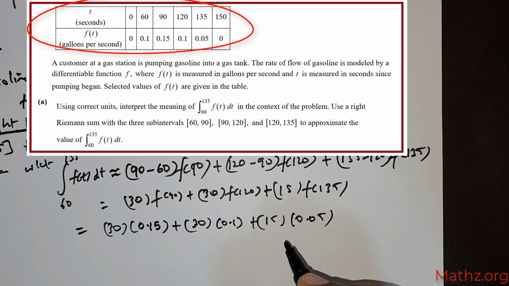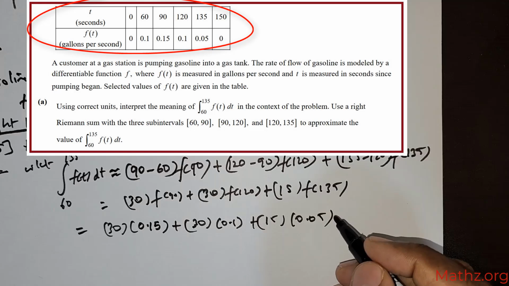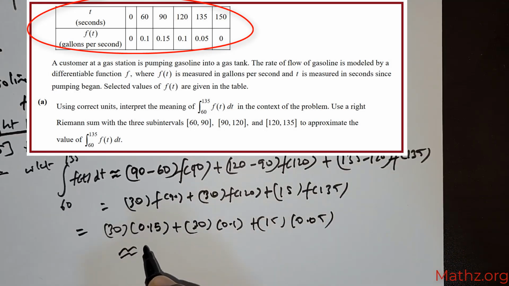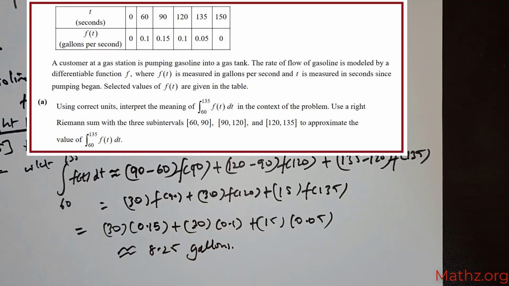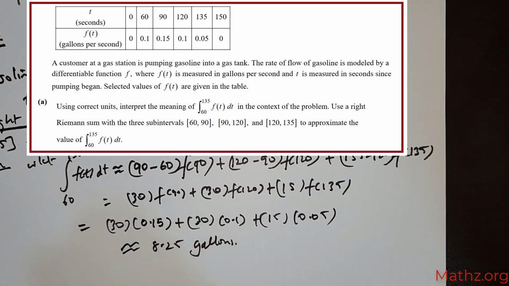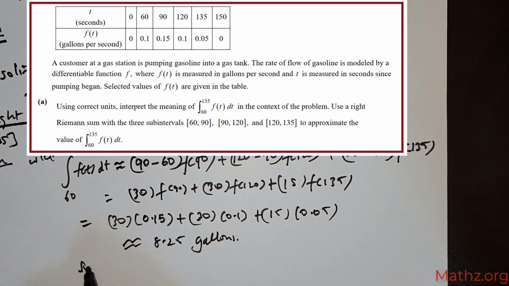Now if you evaluate this, this would approximately give you, you can use the approximation sign, 8.25 gallons. You need to write down the unit. After you have written the unit down, it is better you state the conclusion.